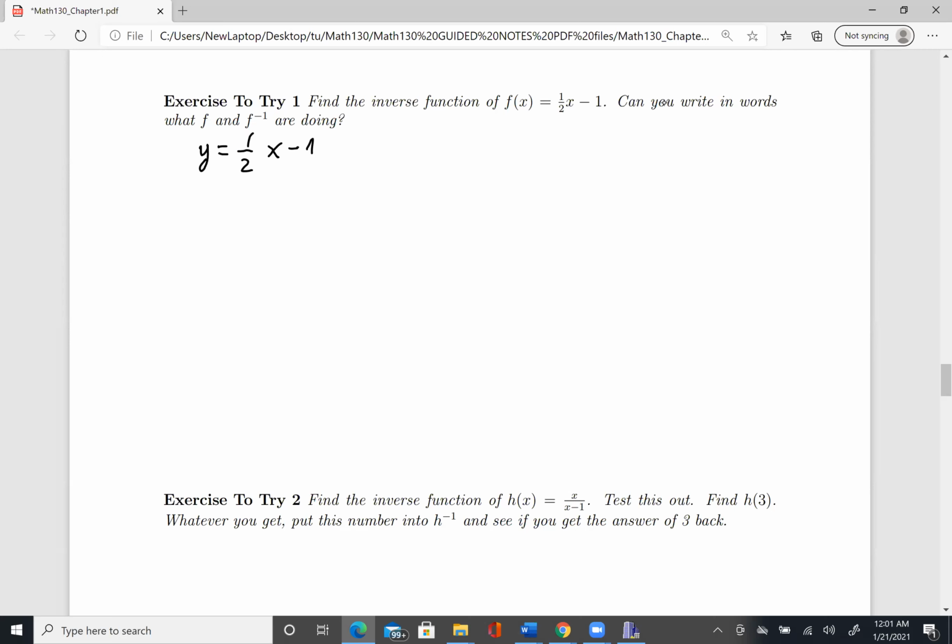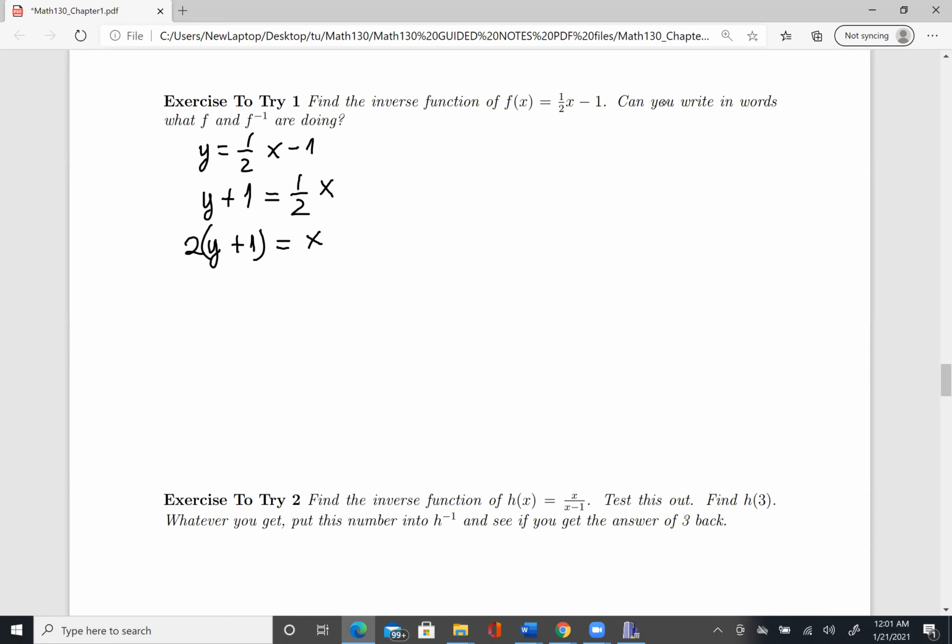Step 2, you have y plus 1 equal to 1/2 x. I want to solve for x in terms of y, so I multiply both sides by 2. I have 2 times (y plus 1) equal to x.